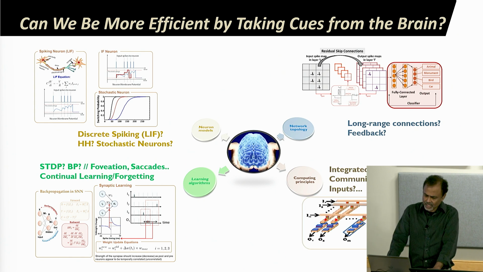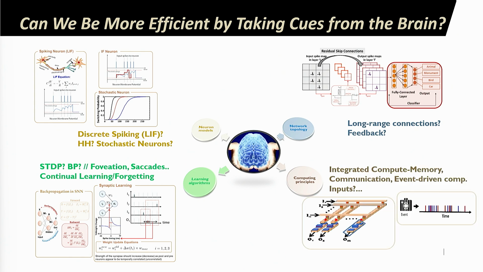Finally, what about the compute principles of the brain? We certainly know that the hardware architecture of the brain is not like a von Neumann architecture. And we also know that compute in the brain in some ways is done in an integrated fashion within the memory itself. We may not understand the memory organization that well, but at least we know that there is not a separate compute unit and a memory unit.